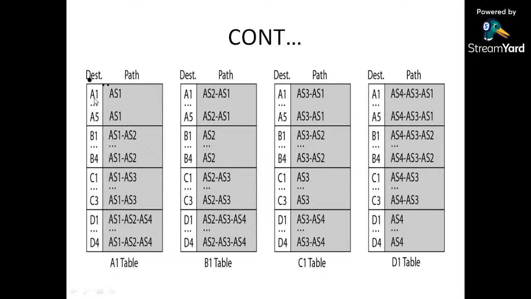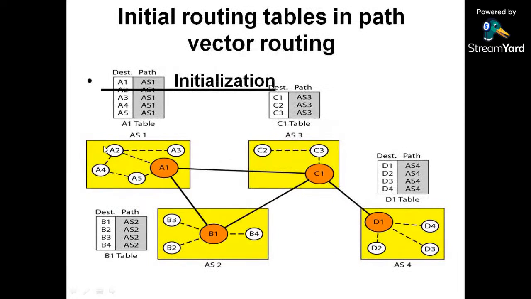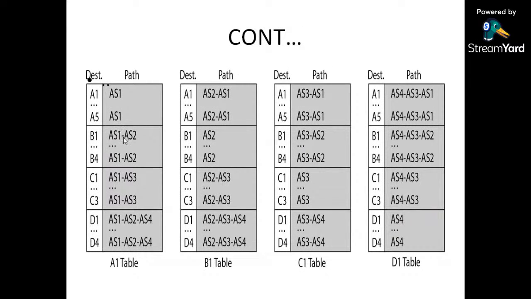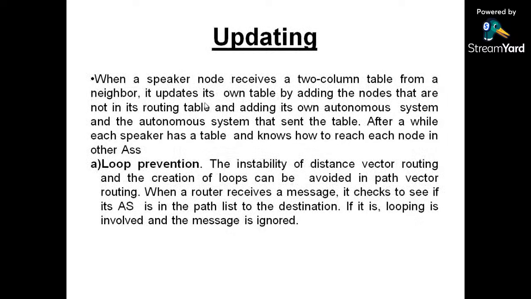If you want to go from A1 to A1, the path starts with AS1. If you want to go to B1 from A, there is a path B1, AS1, AS2. So this is interdomain; interdomain values are given. If you want to go from autonomous system 1 to autonomous system 2, this is an interdomain path.